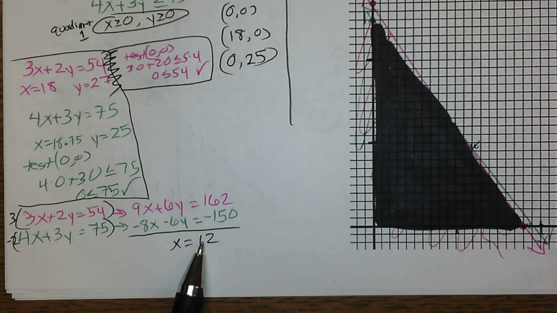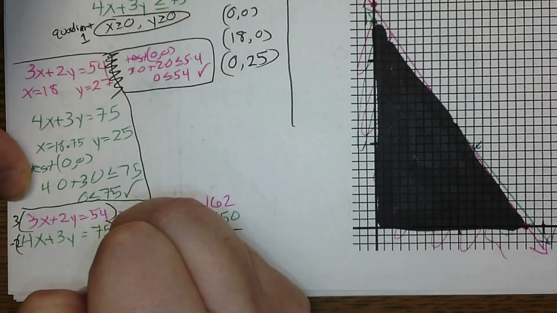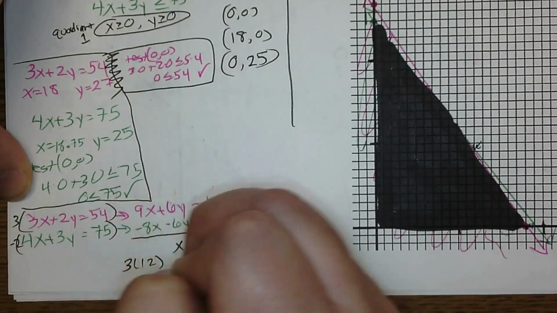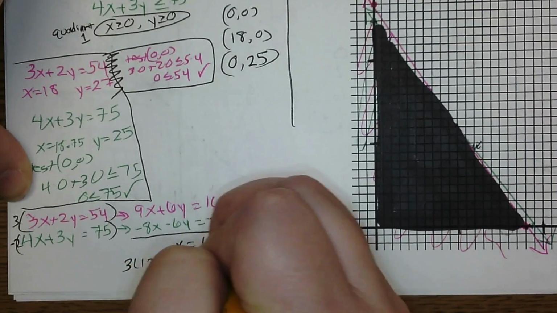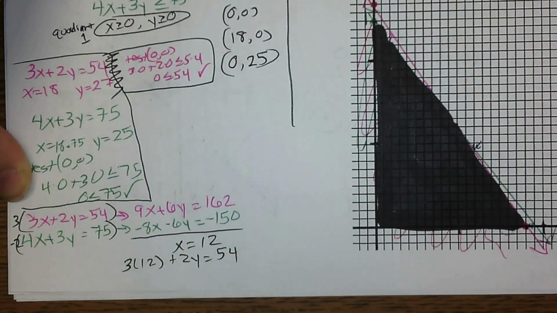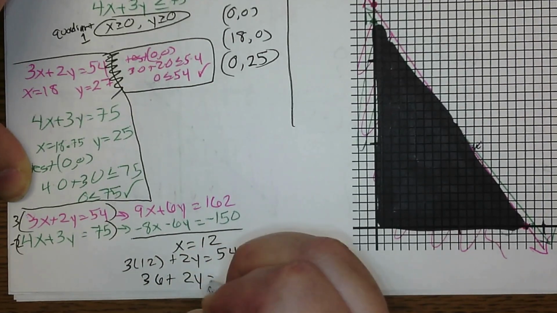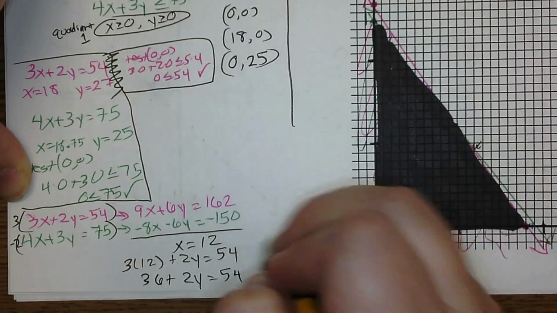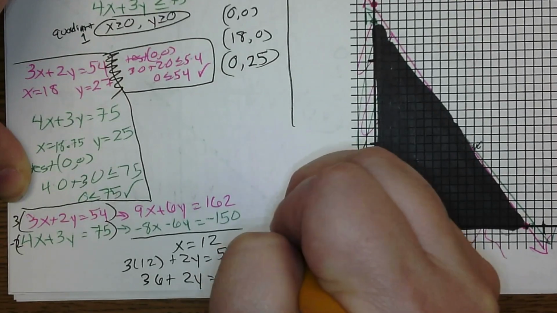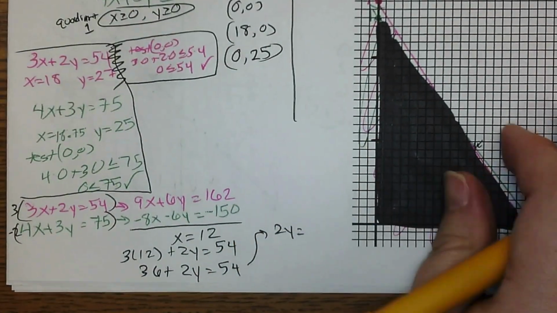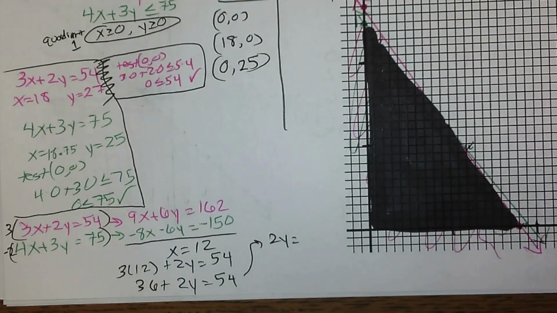But we do still need to find the y value. I'm going to plug it into the pink. 3 times 12 plus 2y equals 54. That's 36 plus 2y equals 54. 54 minus 36 is 18.